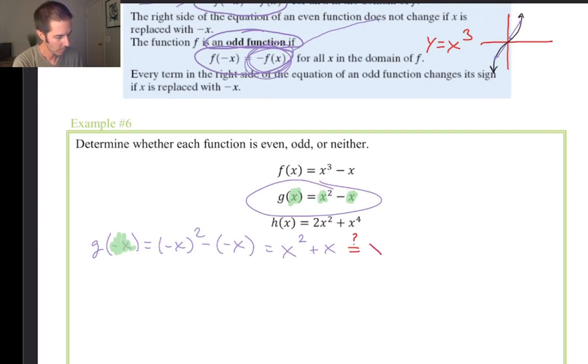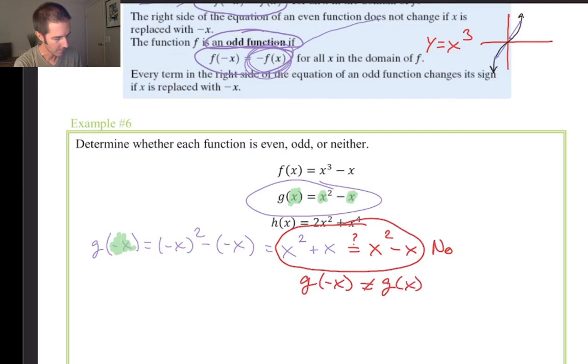Does it equal x squared minus x? x squared plus x does not always equal x squared minus x. The answer to this question is no. These two things are not equivalent. g of negative x does not equal g of positive x. So g is not an even function.